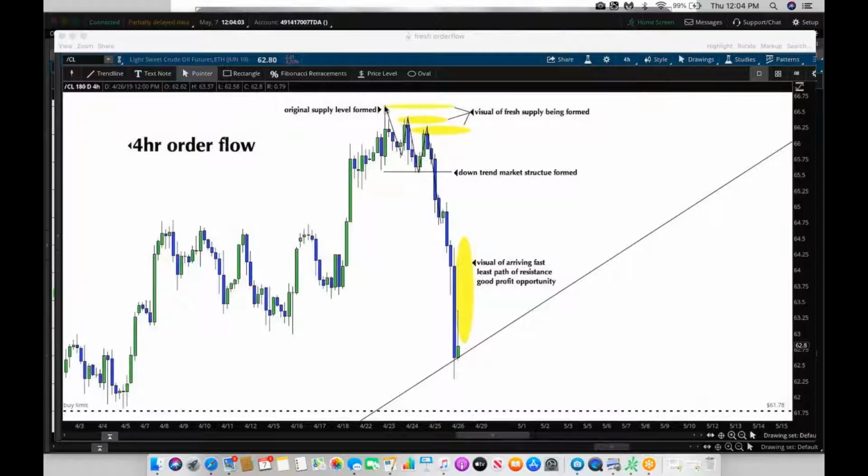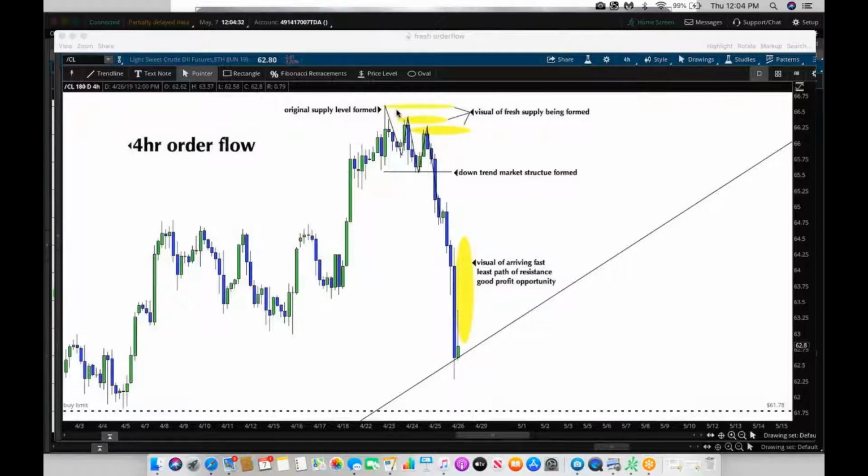This right here was the original level because the market came here and also broke opposing order flow at this level. Here's fresh supply. So this is a level of the original supply area. This right here has formed a new level of supply replacing this level. So the market will no longer be able to retrace all the way back here before it gets to this level of supply and finds sellers as well.